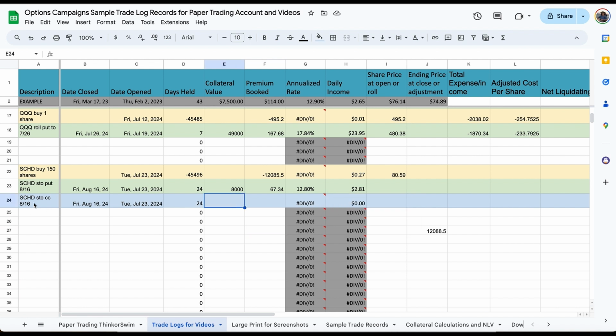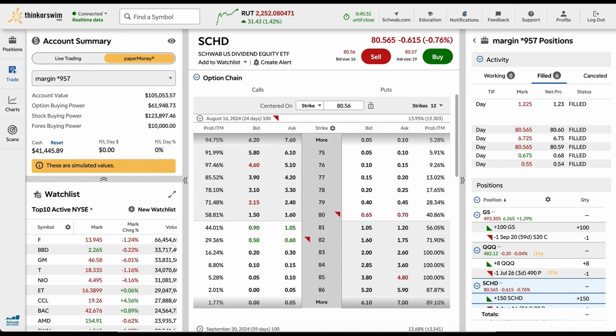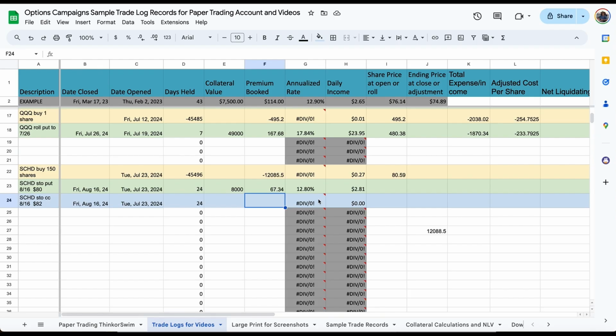And for the covered call, actually let me put the strike prices in here. And I chose the $82 strike price for the covered call. And received 54, so $53.34.